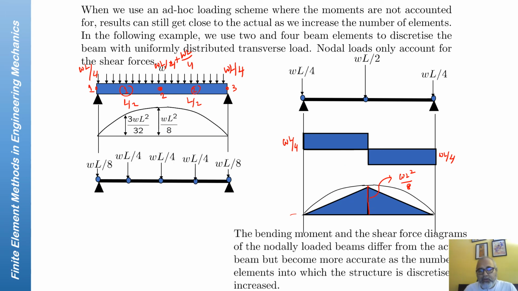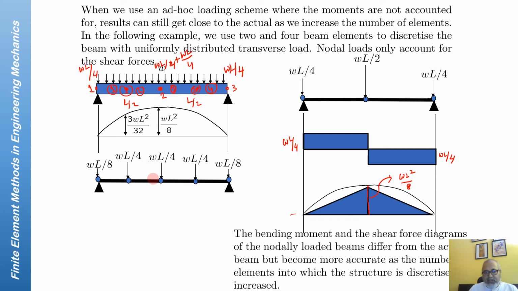So let us break it up into more elements. Put nodes here, nodes here. So I have elements 1, 2, 3, and 4 now. And now how am I going to apportion the loads? For the first element I'll have WL by 8, WL by 8.